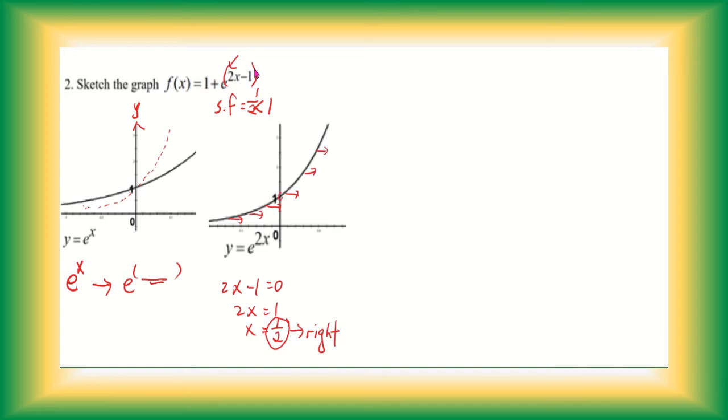Now we look at the critical point 1 here. After this, the value 1 is initially the y-intercept. After shifting half a unit to the right, this value 1 is no more the y-intercept. Instead, another value from somewhere here, when shifted to the right, will intersect with the y-axis and become the new y-intercept.